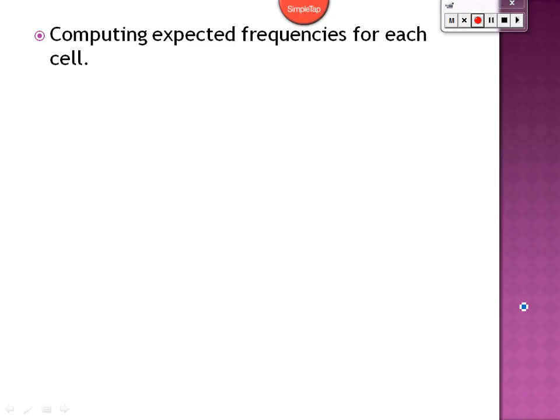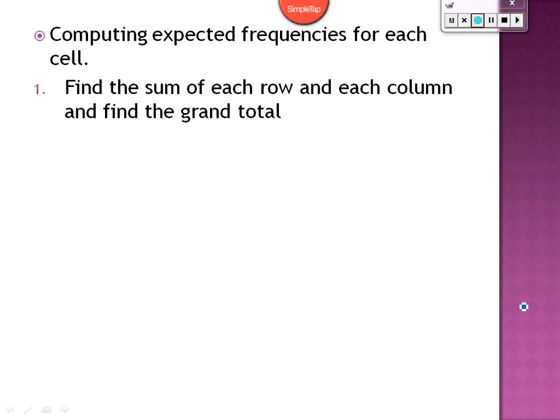How you compute the expected frequencies for each cell: the first thing you need to do is find the sum of each row. So total up each row and find the sum for each column. And then you need to find the overall grand total.